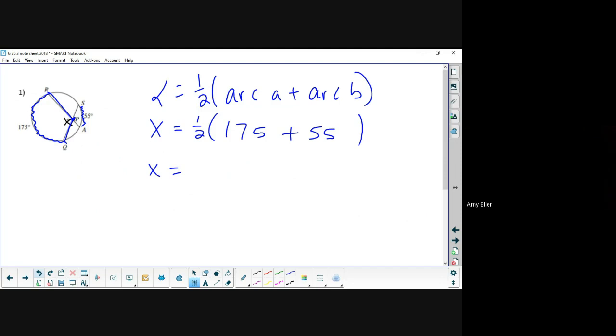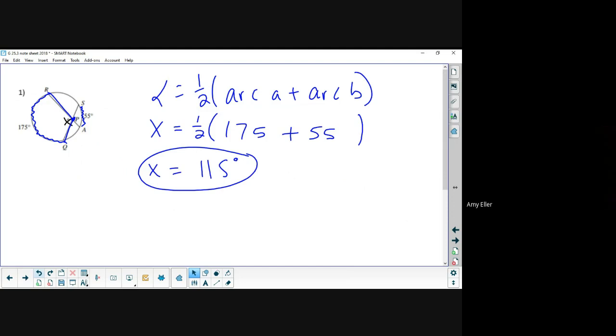Let's practice. Anybody want me to look at their calculator with the half, fraction, typing it in?